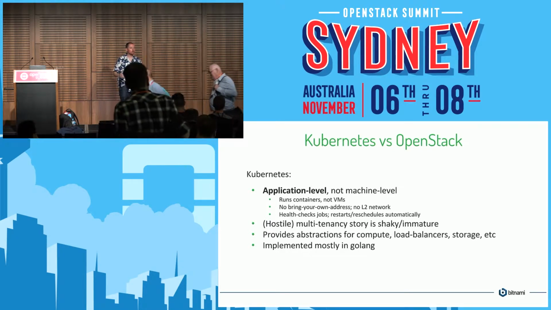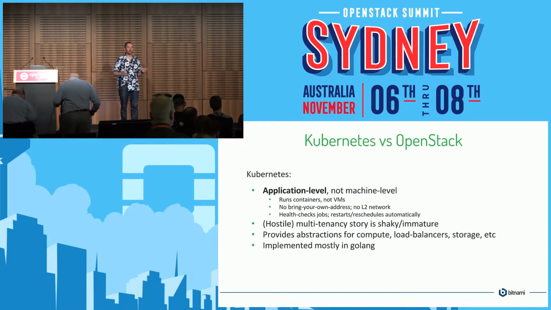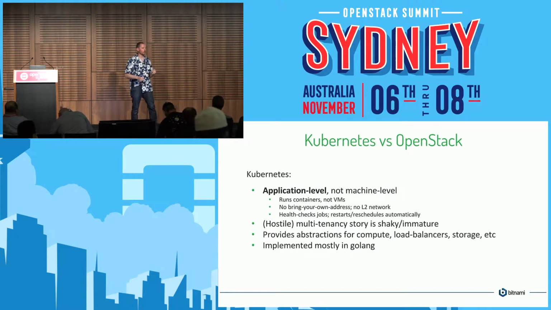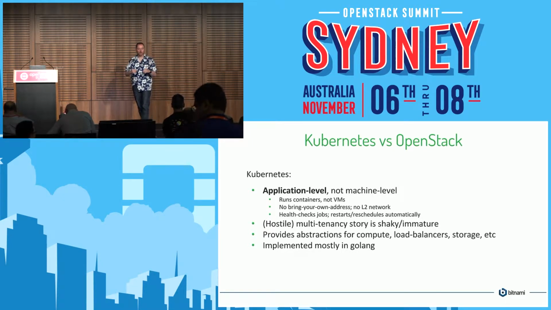It provides a machine-level abstraction. Kubernetes, on the other hand, provides an application-level abstraction. You don't provide an operating system image. Instead, you provide the binary you want to run, or really the container, the file system you want to run. So you say to Kubernetes, here's the command I want to run, here are the command line arguments, here are the environment variables I want to run it in. Now you go and run it somewhere. So it's much more application level.